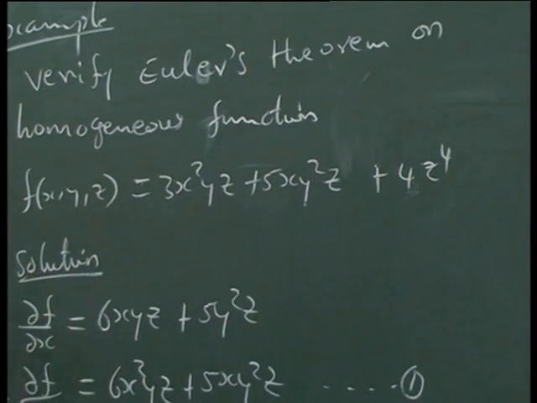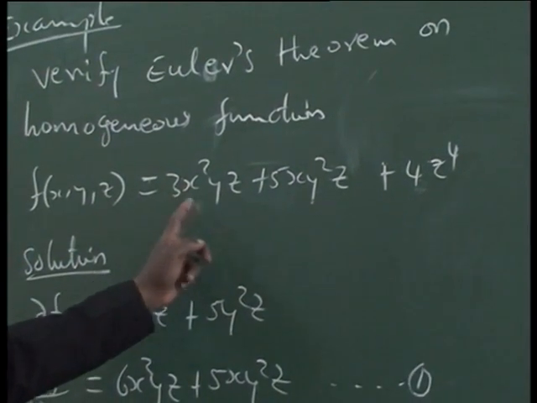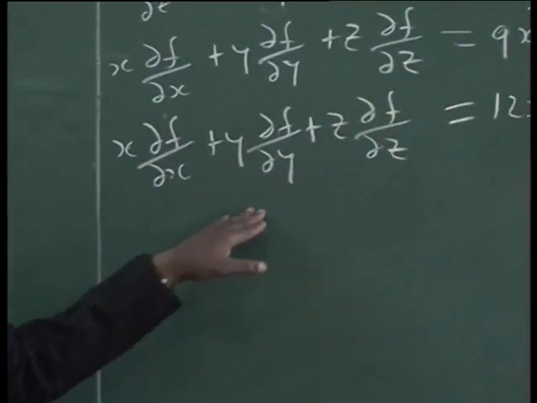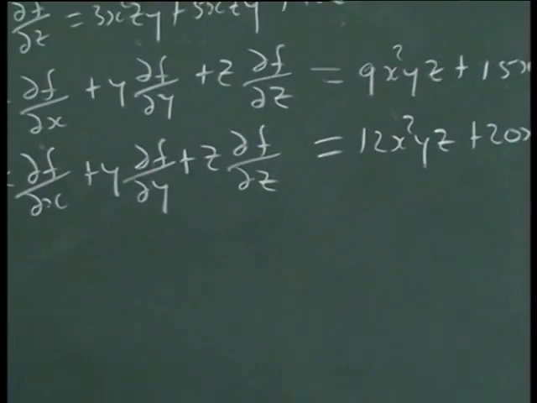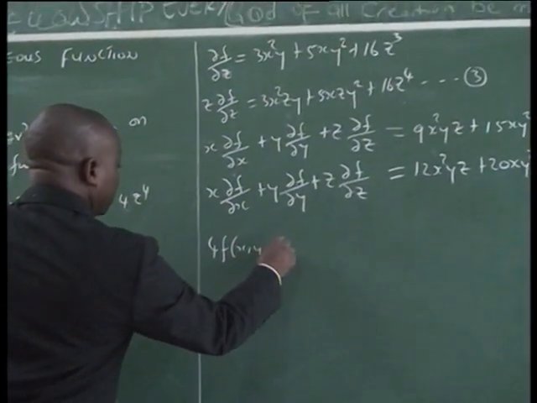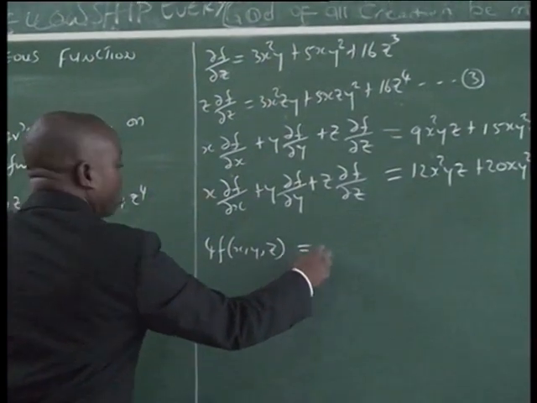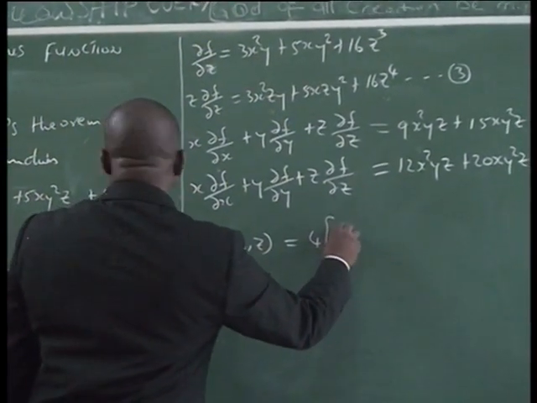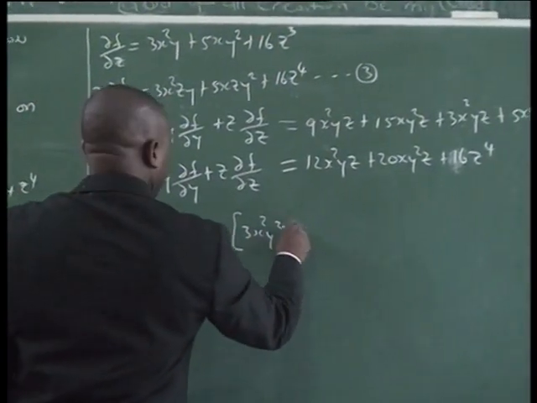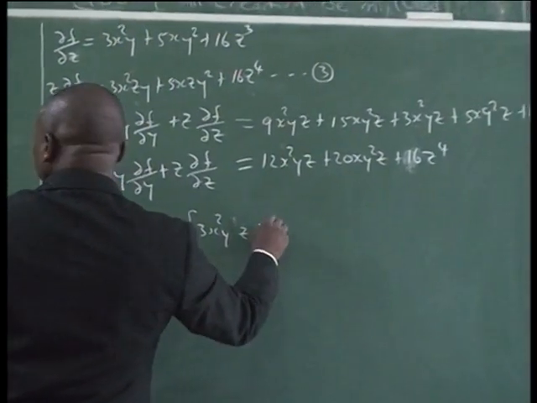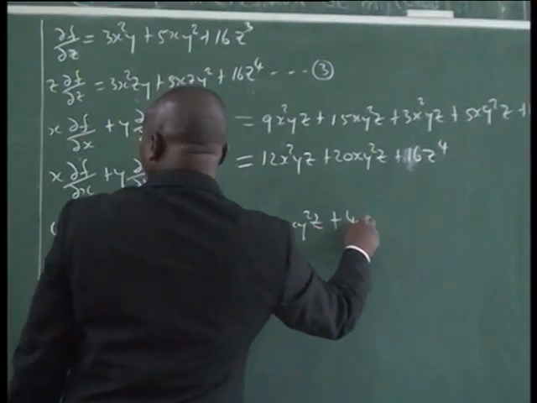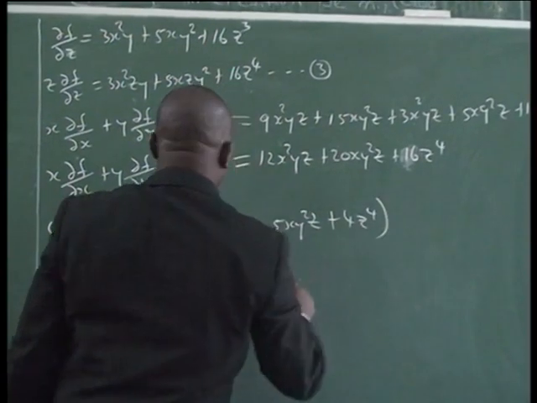Now if I multiply this particular function by 4, it will give me exactly what I should get going by this method. So 4 f of x, y, z will be equal to 4 times 3x squared yz plus 5x y squared z plus 4z raised to the power 4.